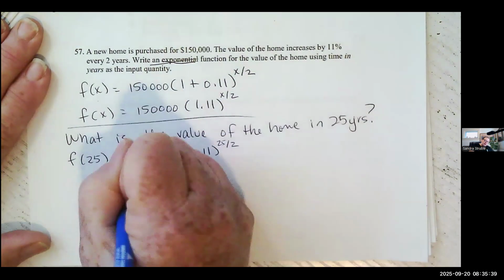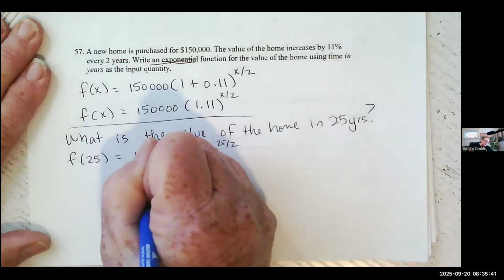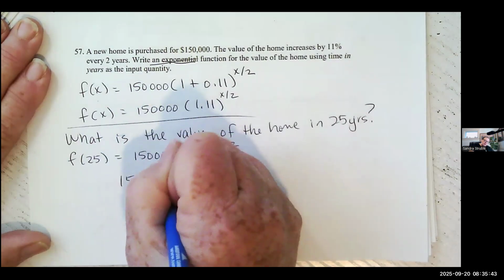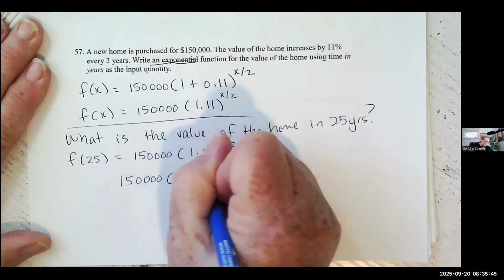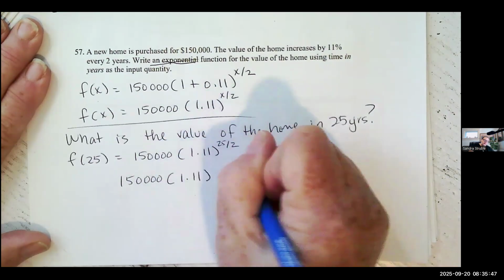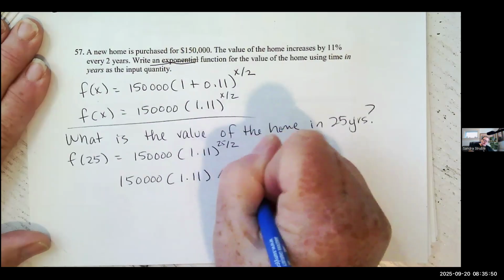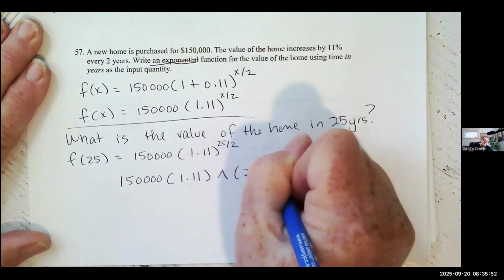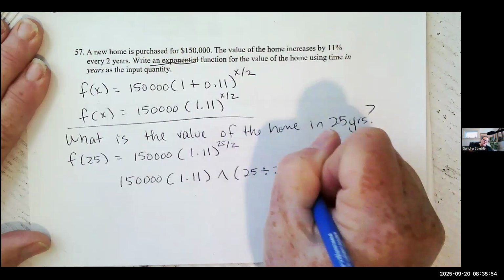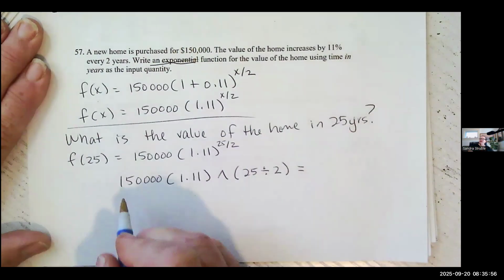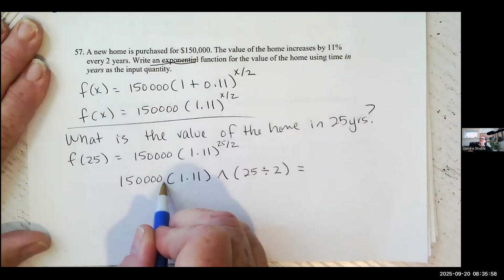To put this in your calculator, if you're doing it all at once, 150,000, parenthesis, 1.11, parenthesis, caret, parenthesis, 25 divided by 2, close parenthesis, equals. If you have the TI-30XA, you have to put a multiplication sign in here.